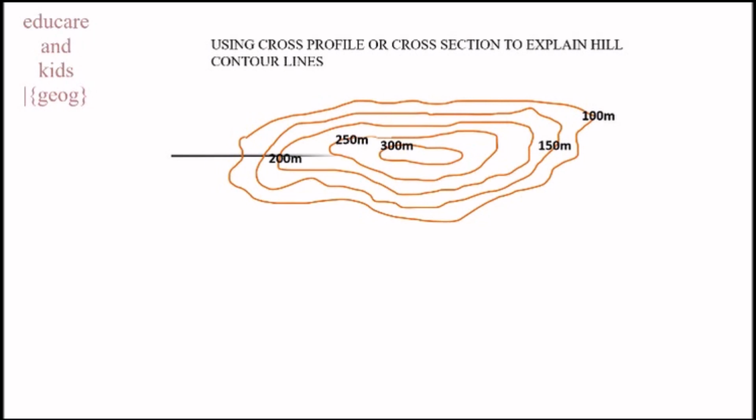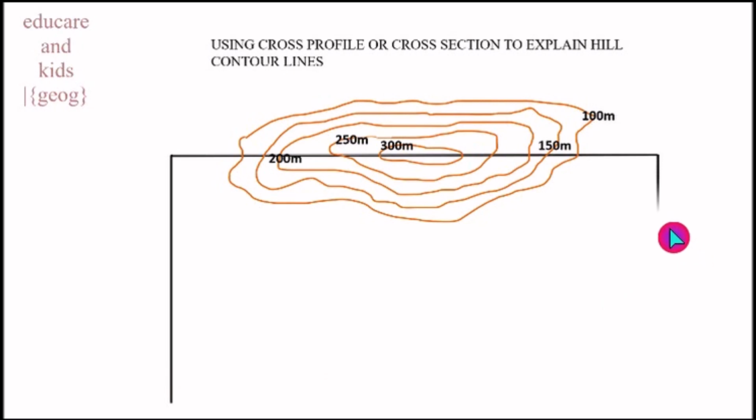You draw a horizontal line to cut across all the contours. As you can see, this horizontal line has cut across all the contours. Then you draw a vertical line from this point at the left side, and then another vertical line at the right hand side.